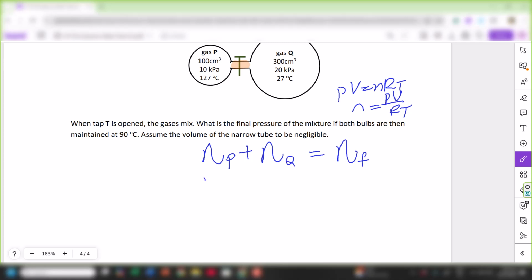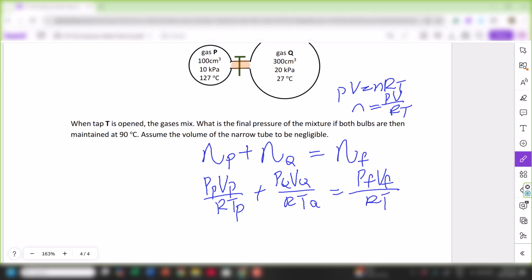That is P_P V_P over RT_P, plus P_Q V_Q over RT_Q, equals P final V final over RT final.